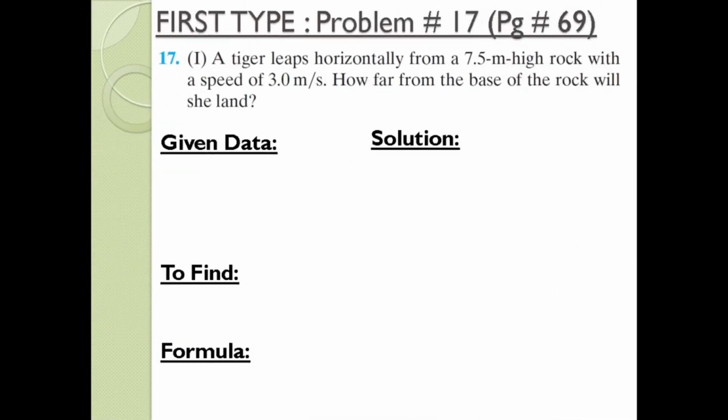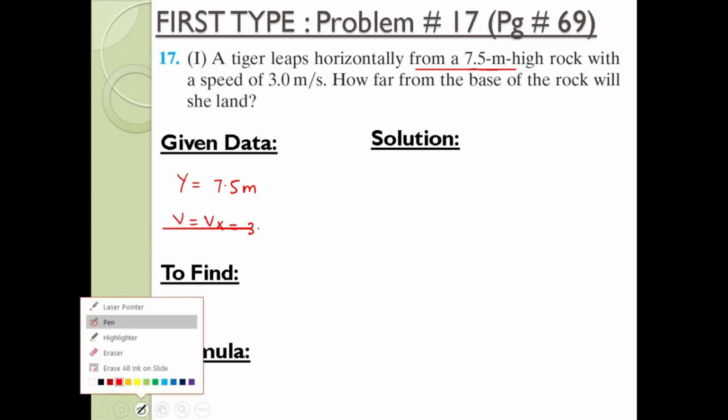There is a tiger that is leaping horizontally from a 7.5 meter high rock. So I will just say the rock is high, y is 7.5, so vertical height y is equal to 7.5 meters, and then its speed, because this is v, and I told you for this type of motion this is vx, that is 3.0.